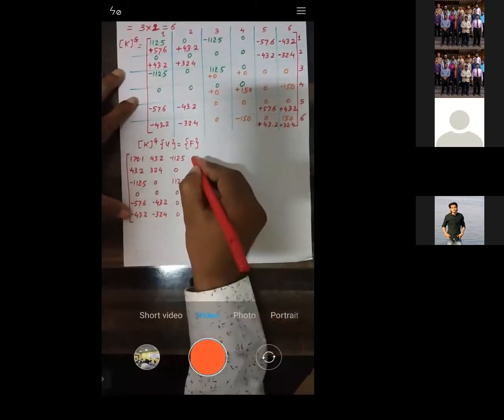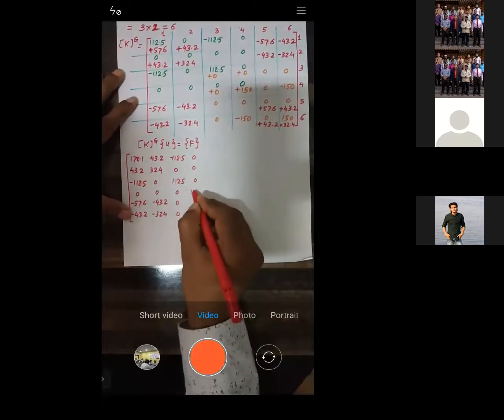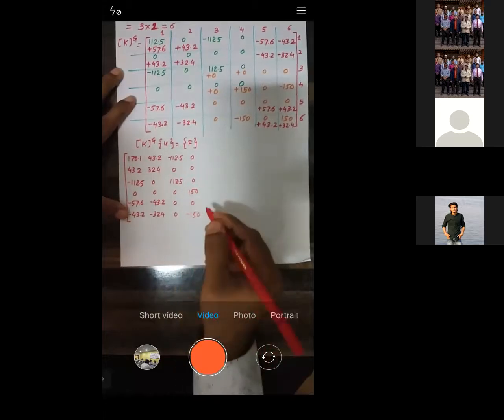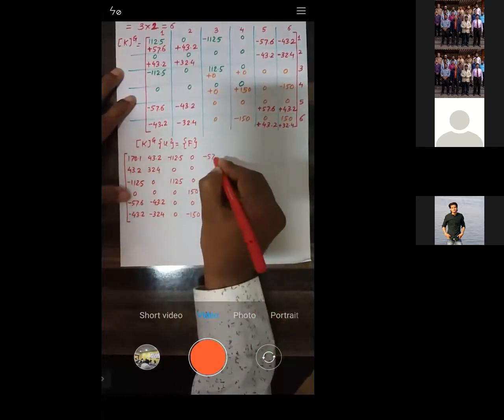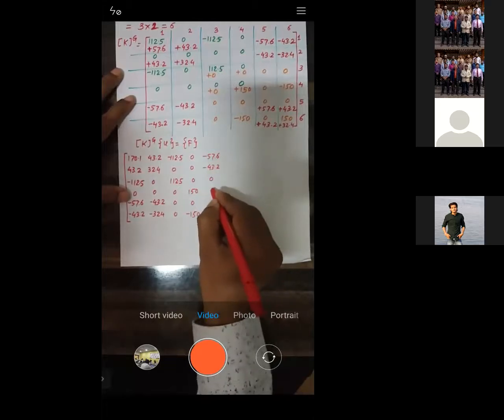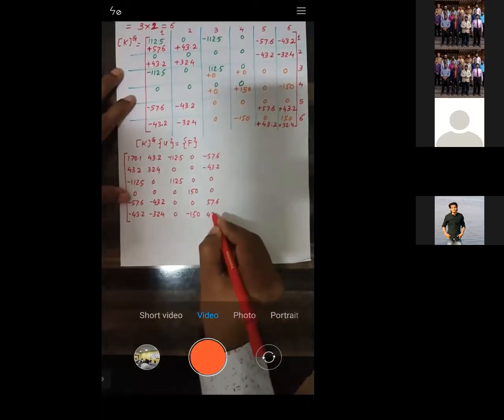Next, we have 0 here, 0, one more time 0, 150, 0, minus 150. Right. Next, minus 57.6, minus 43.2, 0, 0. Right. Then 57.6, 43.2.